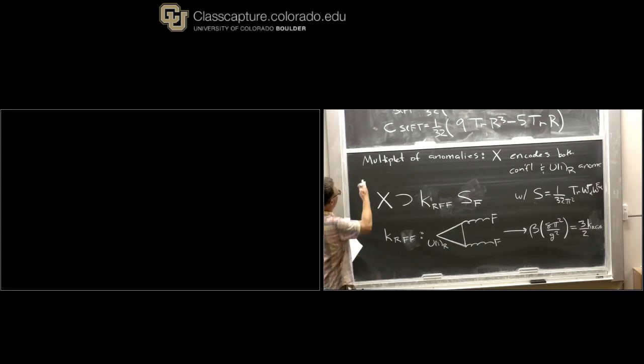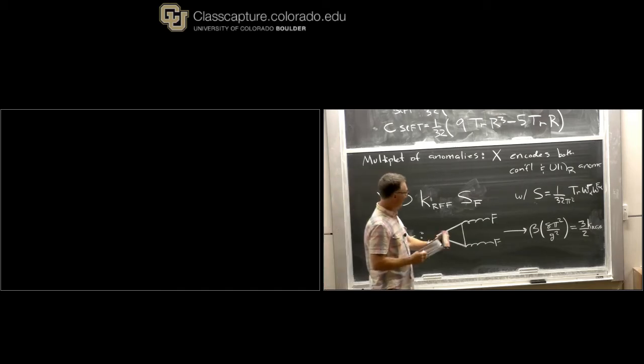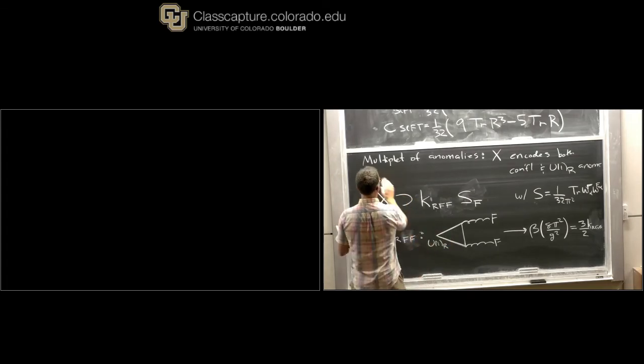So again, a great thing about this is that these 't Hooft anomalies satisfy the 't Hooft condition that they're constant along renormalization group flows. So by using this, we can compute the exact A and C anomalies in superconformal field theories.